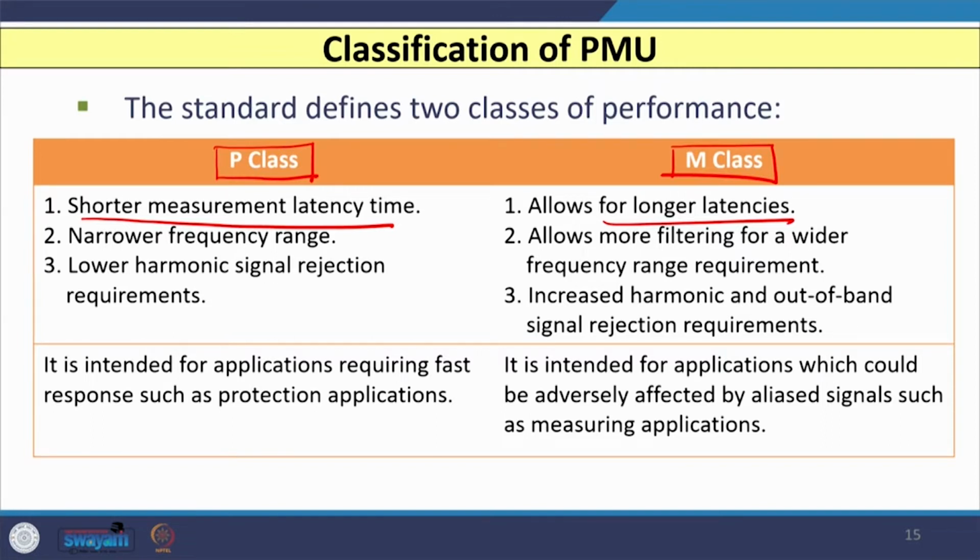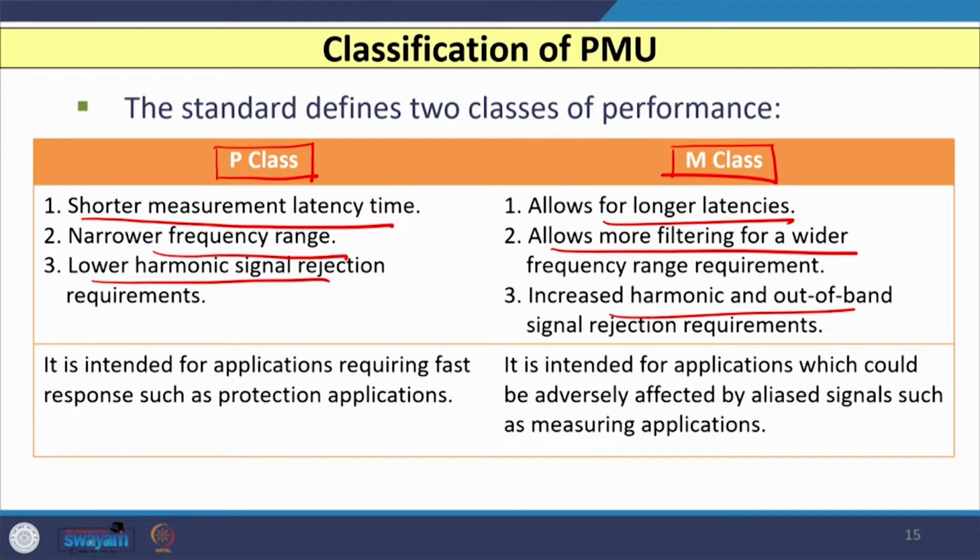If I consider the second point, then the frequency range is narrower in P class, whereas the M class PMU allows more filtering for a wider frequency requirement. The third point is that for P class PMU lower harmonic signal rejection requirements are there, whereas in case of M class PMU this requirement is increased, and out of band signal rejection requirements are also there.